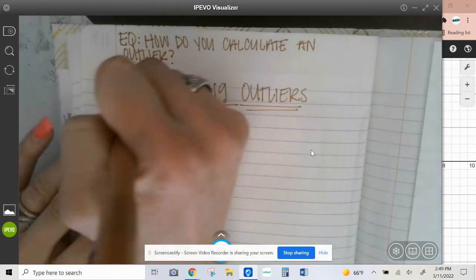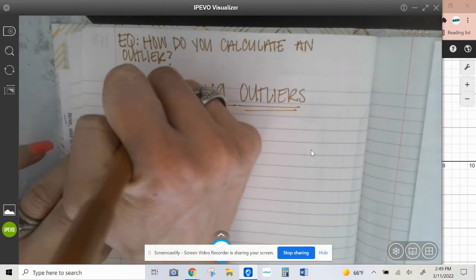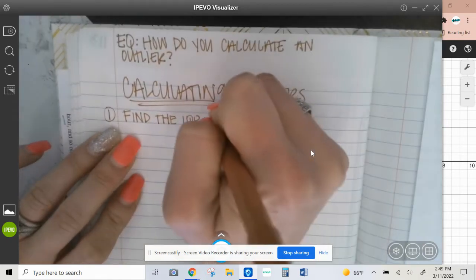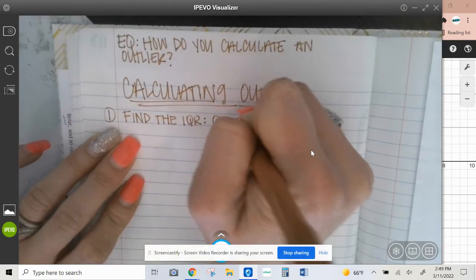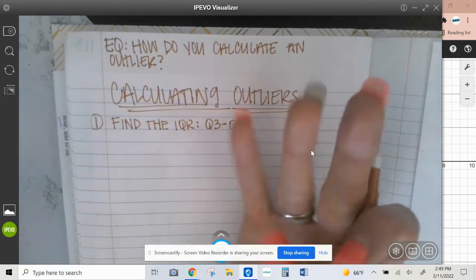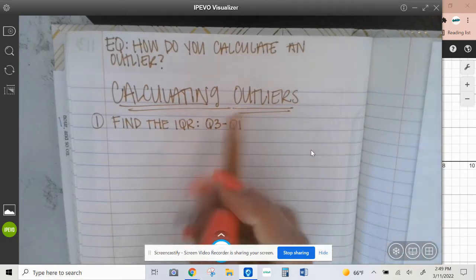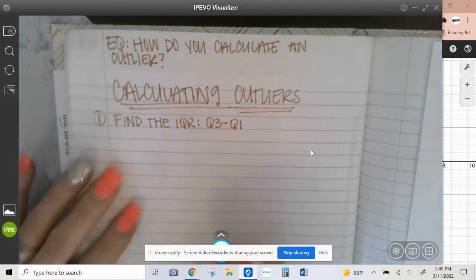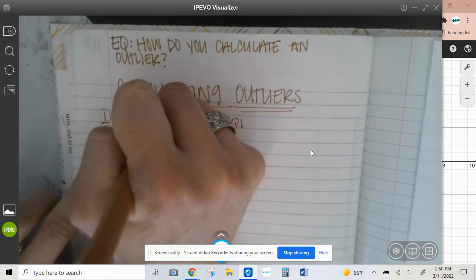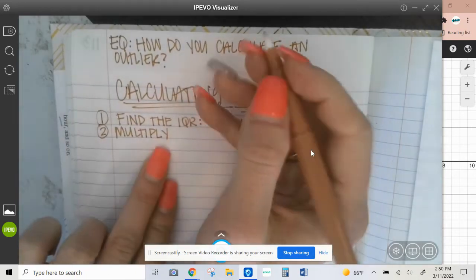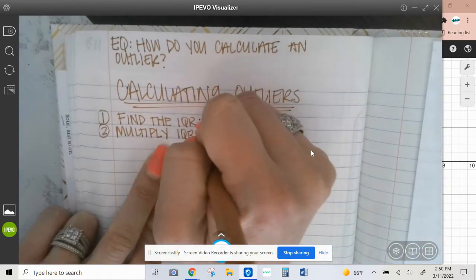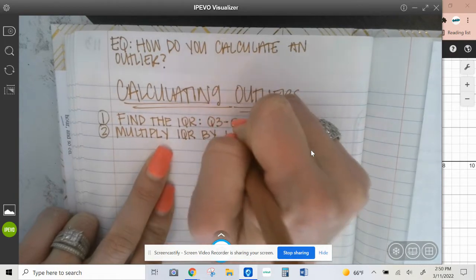Our first step is to find the interquartile range, or the IQR, which, reminder, is quartile 3 minus quartile 1. We just went over how you find quartiles, and we're going to do an example in Desmos. Then we multiply the IQR, that number from step 1, by 1.5.